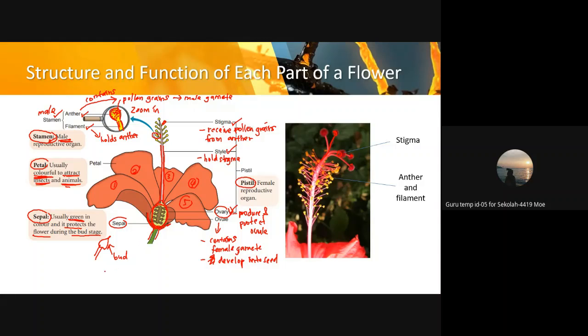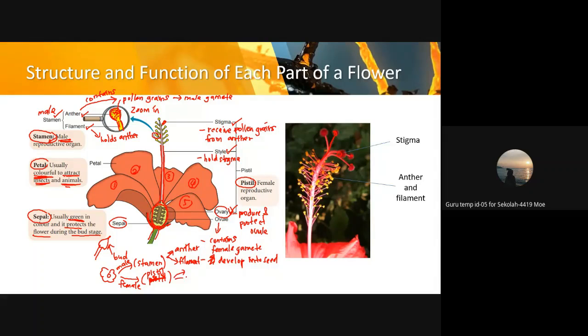Okay, so remember untuk flower, benda penting kamu kena ingat. Okay, flower. Dia ada male and female. So kalau male, dia punya reproductive organ dipanggil stamen, while for female dipanggil pistil, okay, pistil. And then stamen consists of anther and filament.